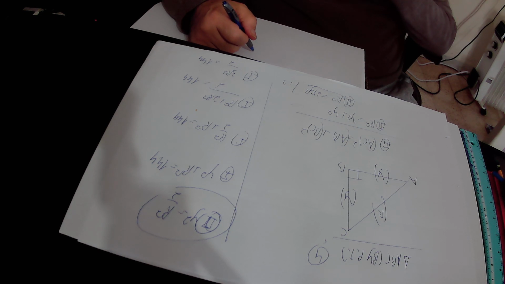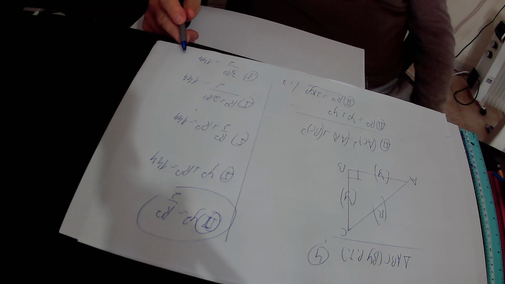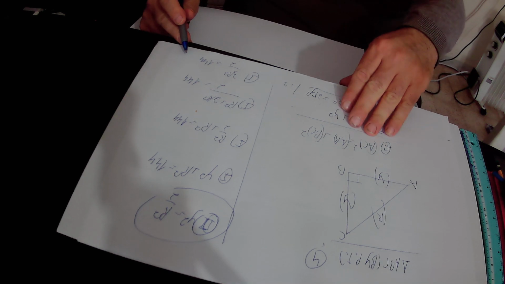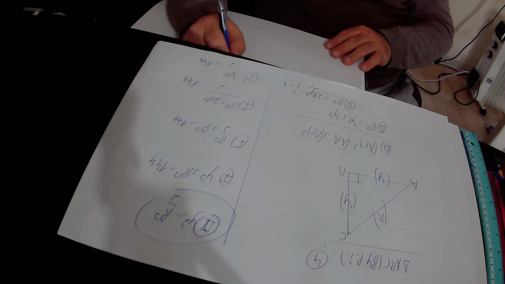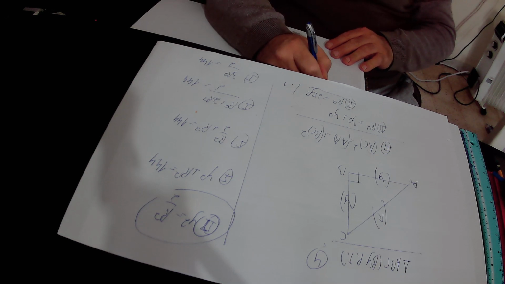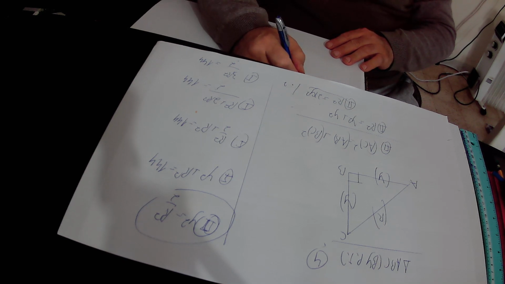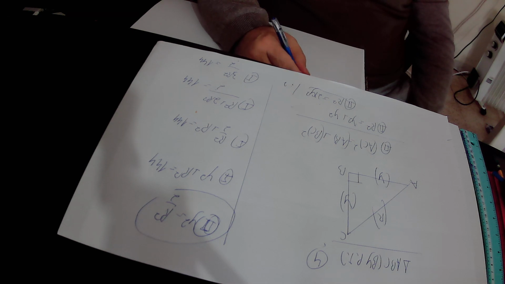Here we will multiply this equation by 2 and then we divide it by 3, and we get that according to equation 1, R squared equals to 2 times 144, that is 288 over 3.